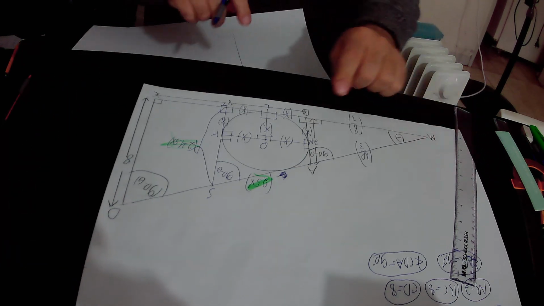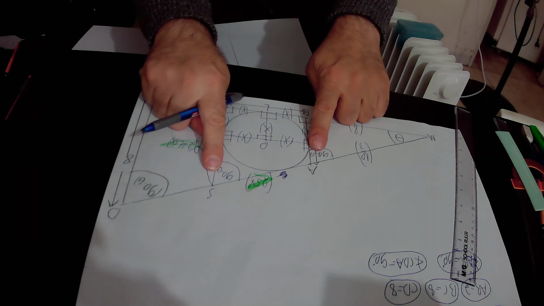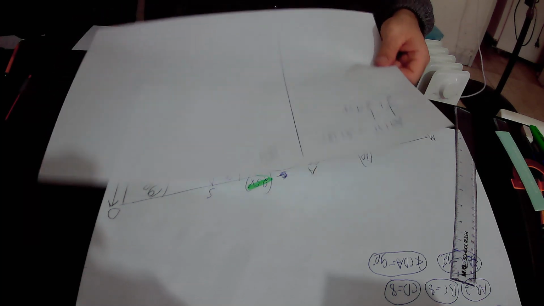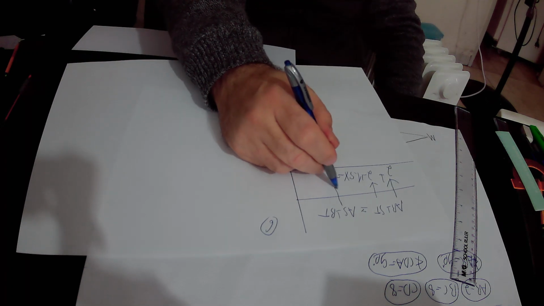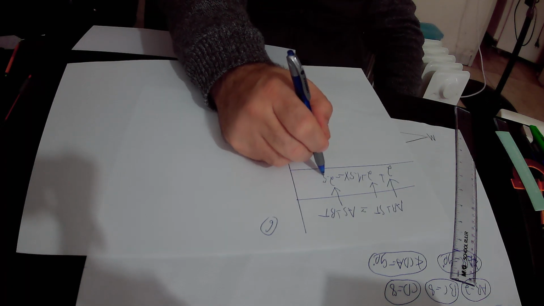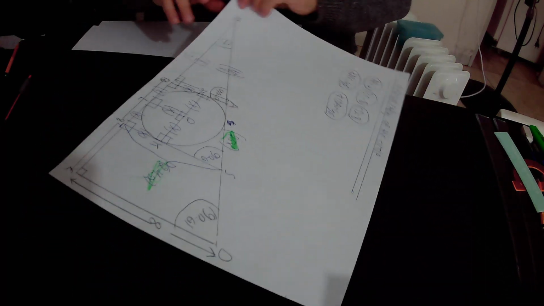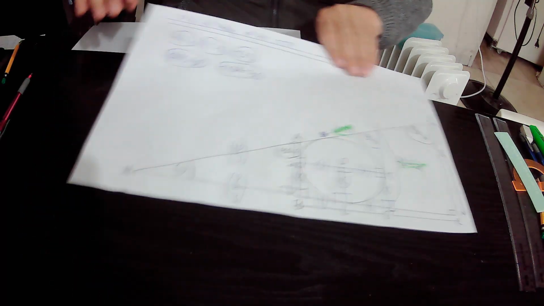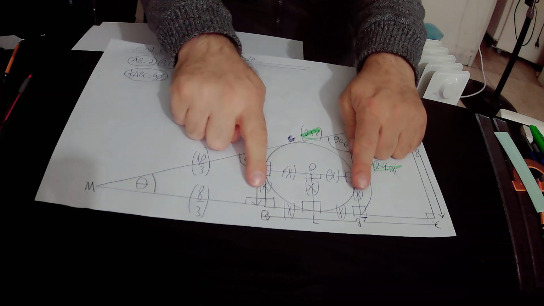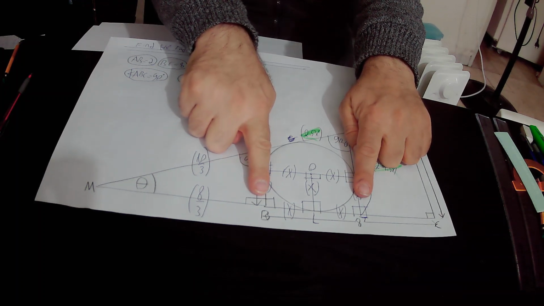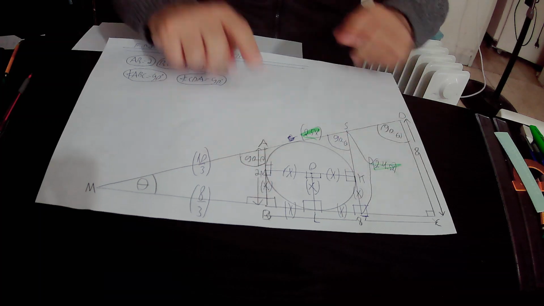AS equals 2.5x, therefore we substitute AS here by 2.5x, plus BT. What is the value of BT? From the drawing, it is very easy to see that BT equals x plus x, that is 2x.